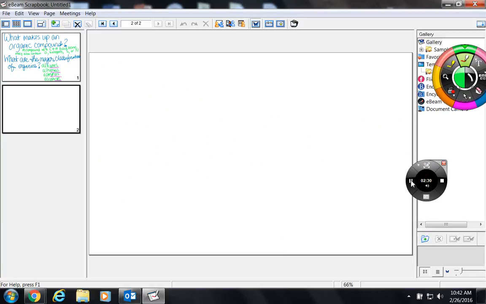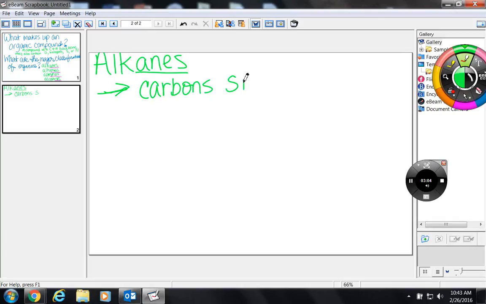So we're going to start with alkanes. And again, I'm underlining that. All right, so alkanes, they are made up of carbons single bonded together.